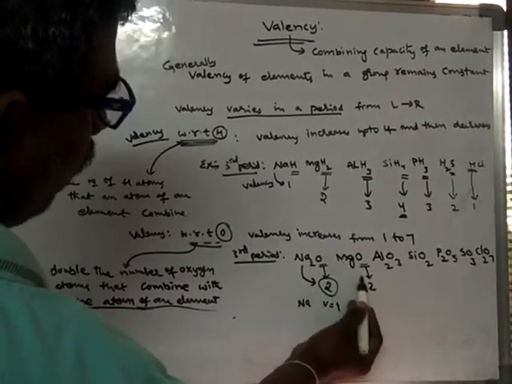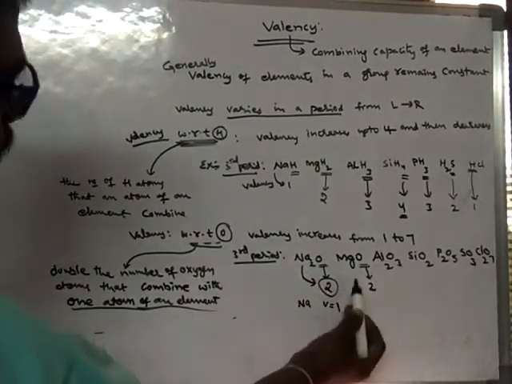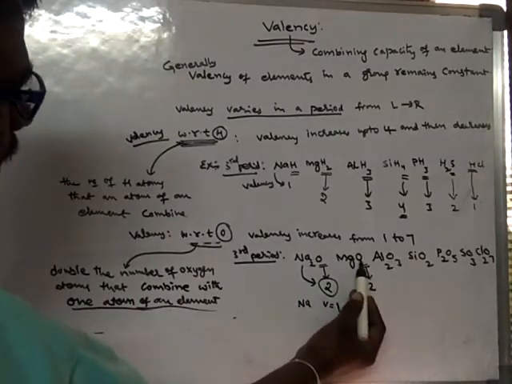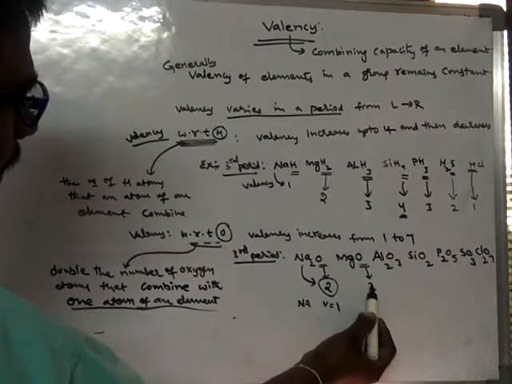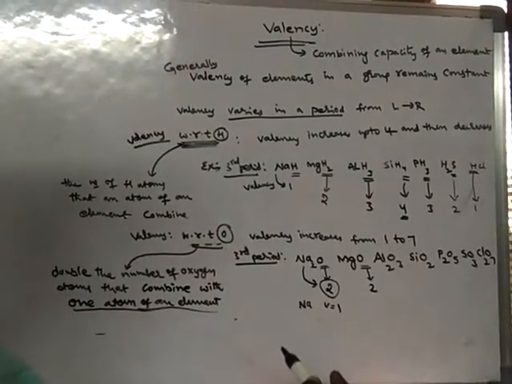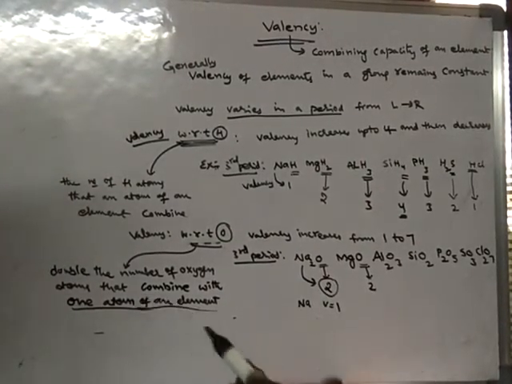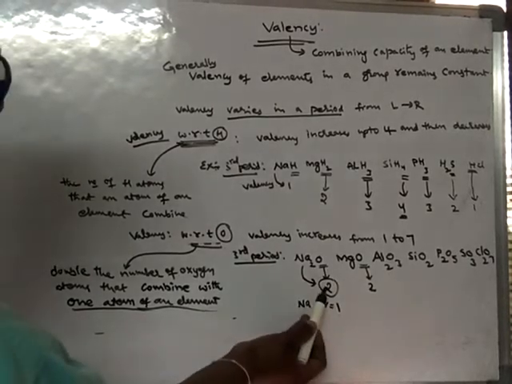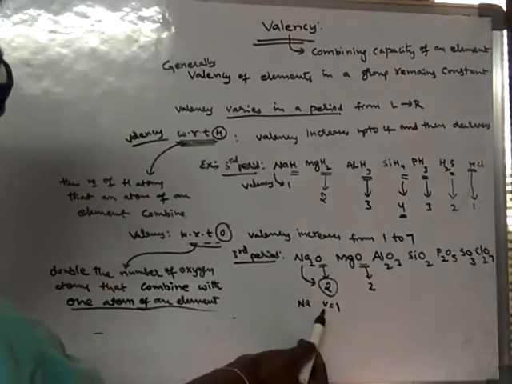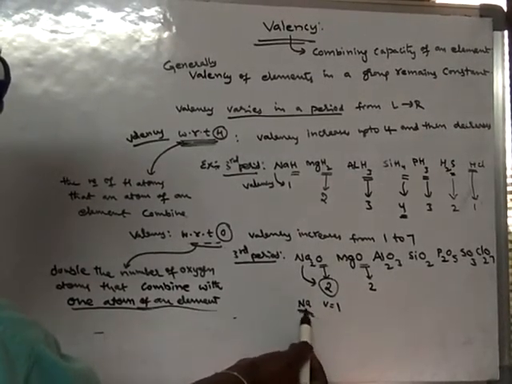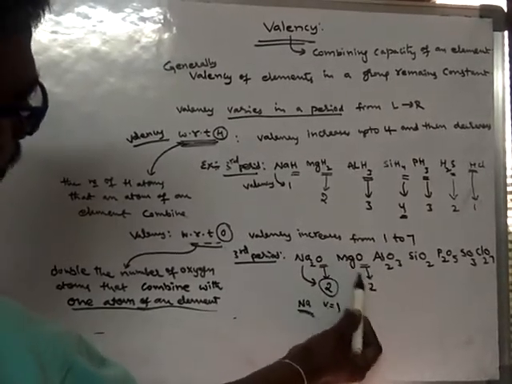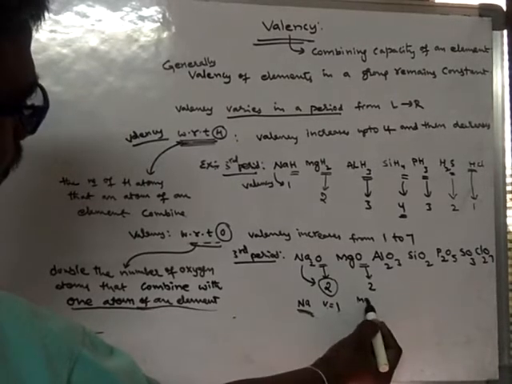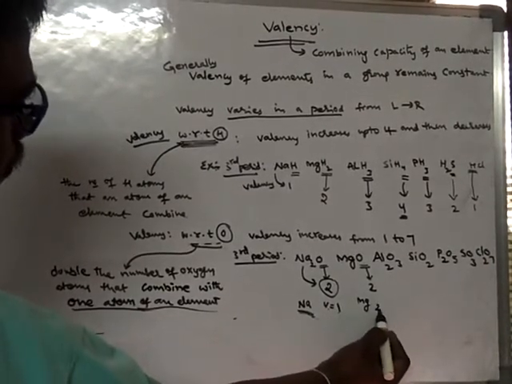That number should combine only with 1 atom, so for 1 atom it is 2. Hence the valency of magnesium is 2.